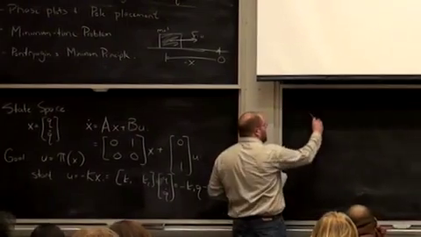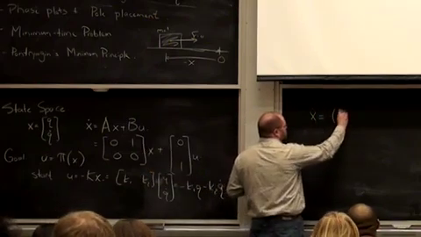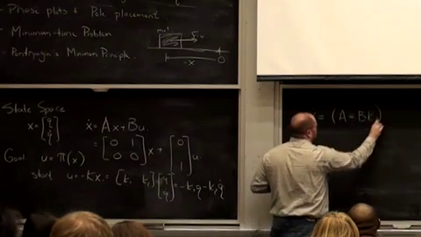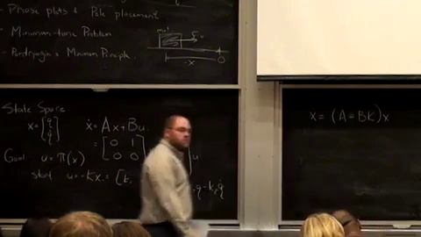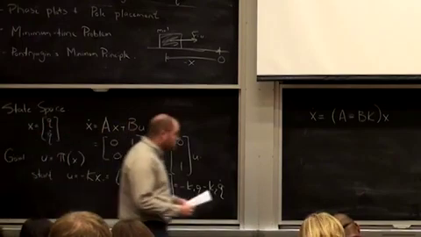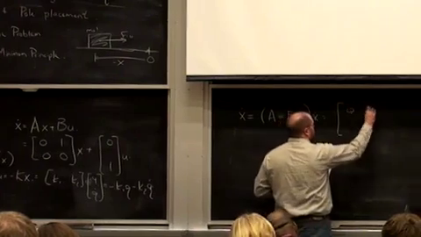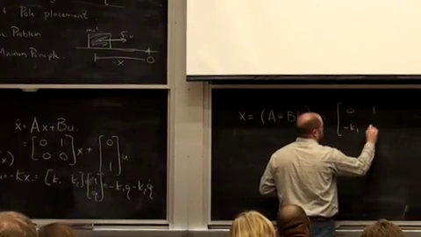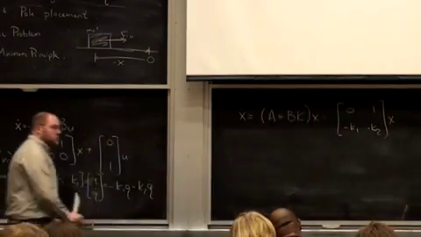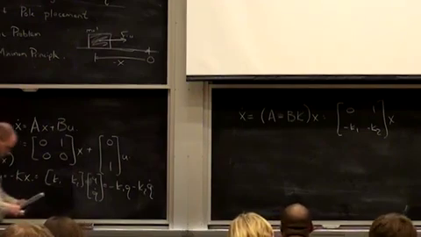So if I stick that gain matrix in, then what I get is a closed loop system, which is x dot equals (A minus BK) x, which is just the system [0, 1; negative k1, negative k2] x. Okay, and if you've had a class on differential equations, you know how to solve that.